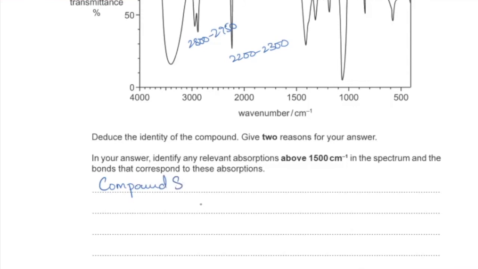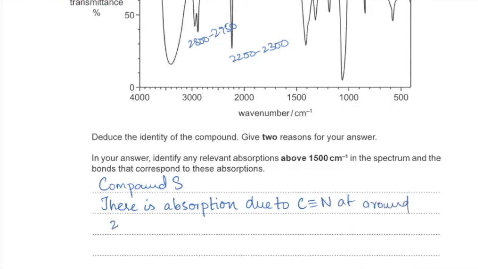And we gotta give 2 reasons for our answer. Now, compound S because there is absorption due to nitrile group at around 2200 to 2250 per centimeters.